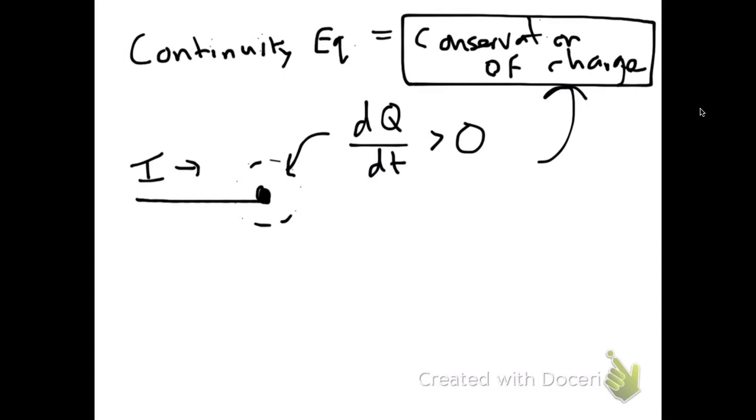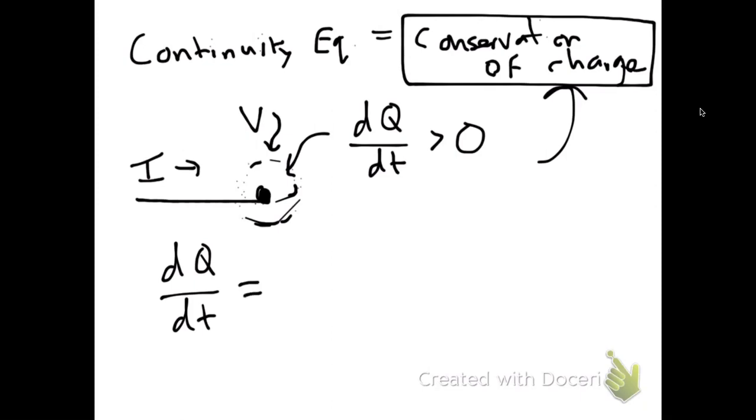So how do we decide? We can try to calculate what is that dq dt. So we're going to ask, what is dq dt in some volume? So here is our specified volume V. What's dq dt for the charge inside that volume?